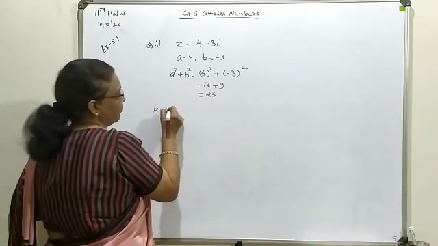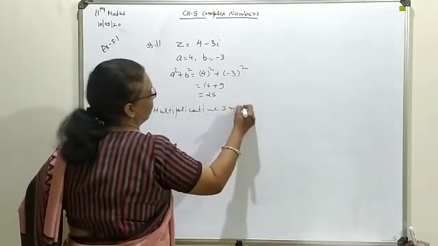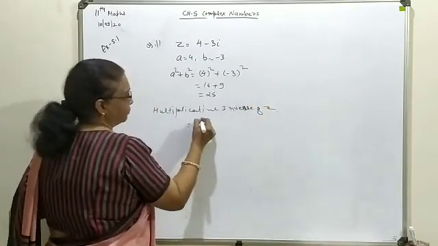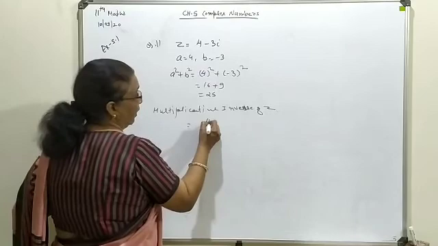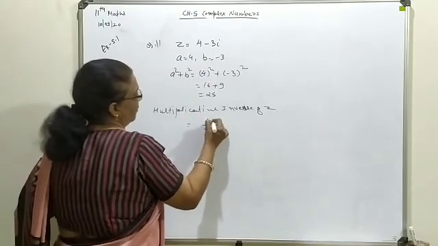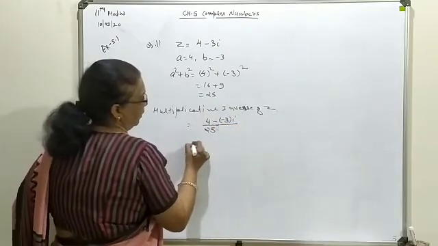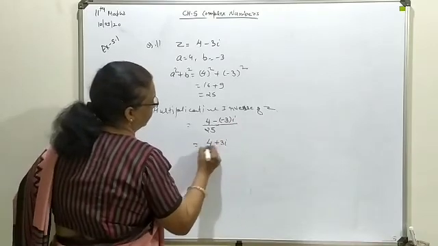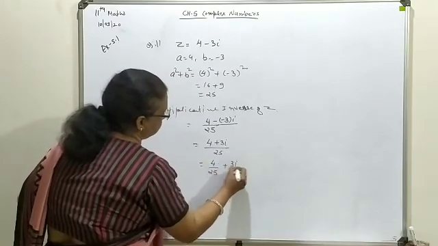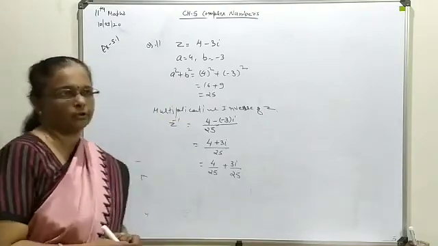Now the multiplicative inverse of z, that is a upon 25 minus bi. So this is 4 plus 3i upon 25. This way it can be sorted out. So this is the multiplicative inverse, means z inverse for the given question form.